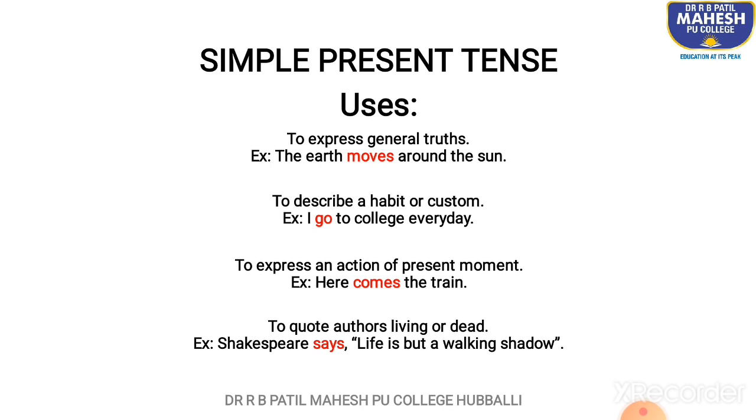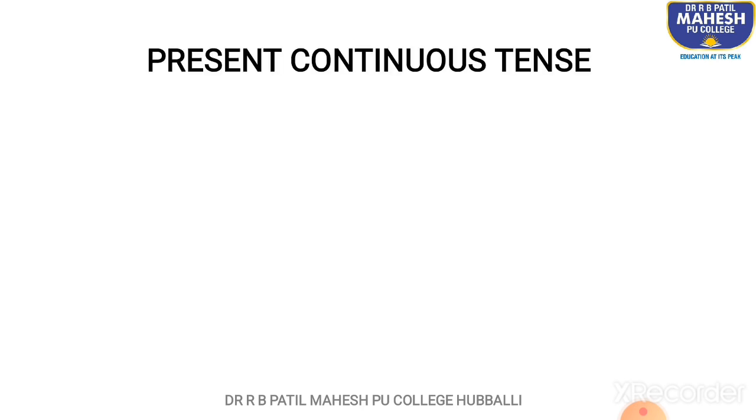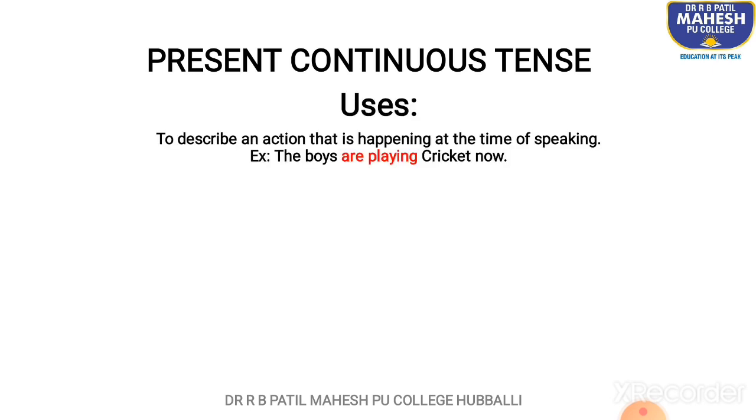Let us look at the next form now, present continuous tense. Now, the uses are to describe an action that is happening at the time of speaking, as the word continuous itself expresses something which is happening at that very moment. It is in a continuous form, so it is understood that we are supposed to use the present participle.